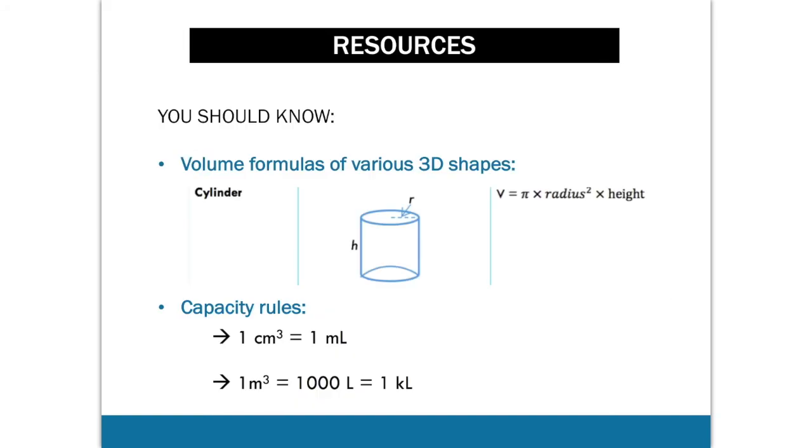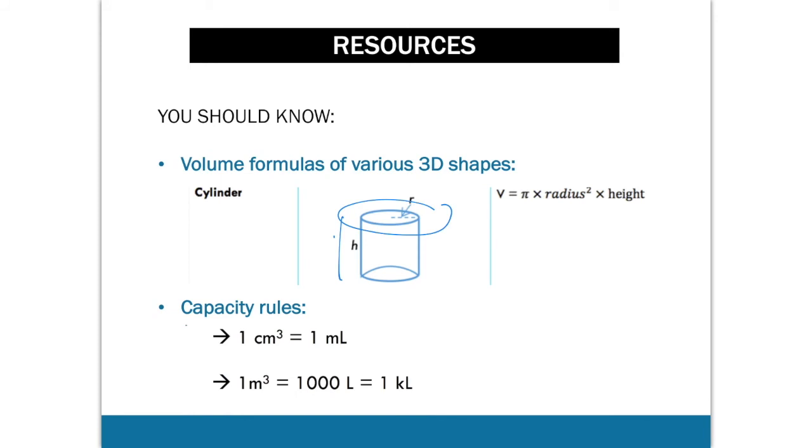Okay, so our next topic for focus studies is resources. For the questions in this topic, we need to revisit our area and volume formulas. We need to know the volume formulas for various 3D shapes. So here we've got a cylinder. The volume for a cylinder is pi times radius squared times the height. Basically you're finding the area of the base, and then just timesing it by the height.